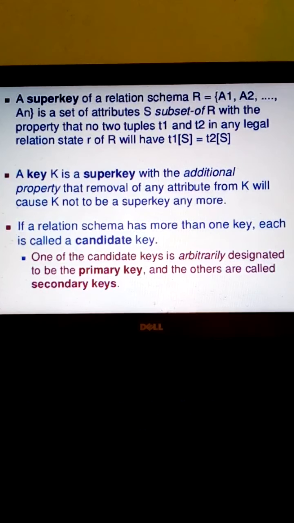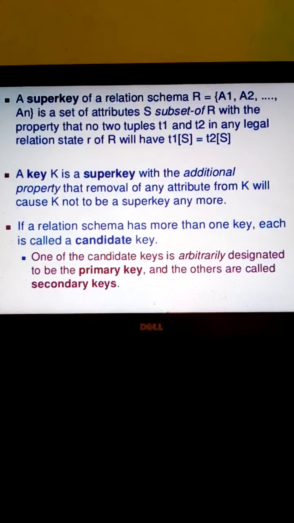So except these super keys, student ID and enrollment number, there may be some other attributes which can also play a very important role in identifying the tuples in a relation, which may be a single value or a combination of values. Those combinations of values or values other than the super key and primary key are known as candidate keys.